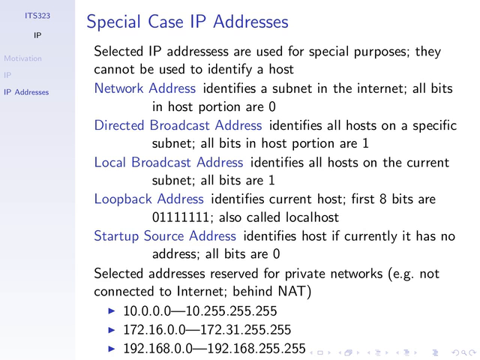There are other special case addresses. So the network address identifies a subnet in the internet. All bits in the host portion are 0. That's the rule. If I want to send an IP datagram from A1 to C3, then the destination address is that of C3, which is 96.1.65.1.